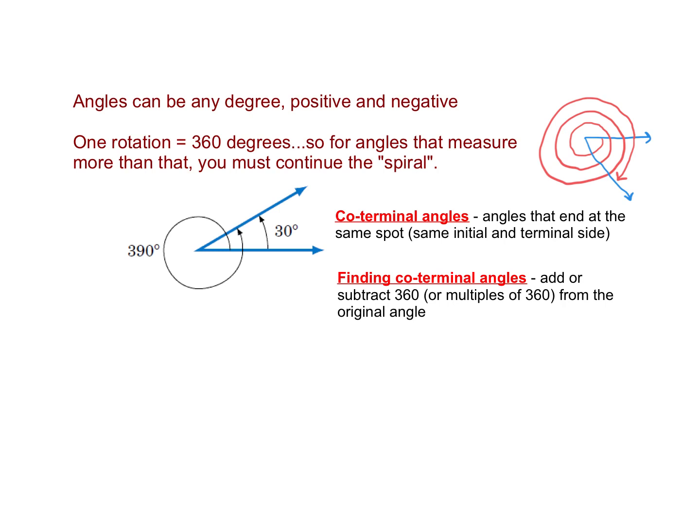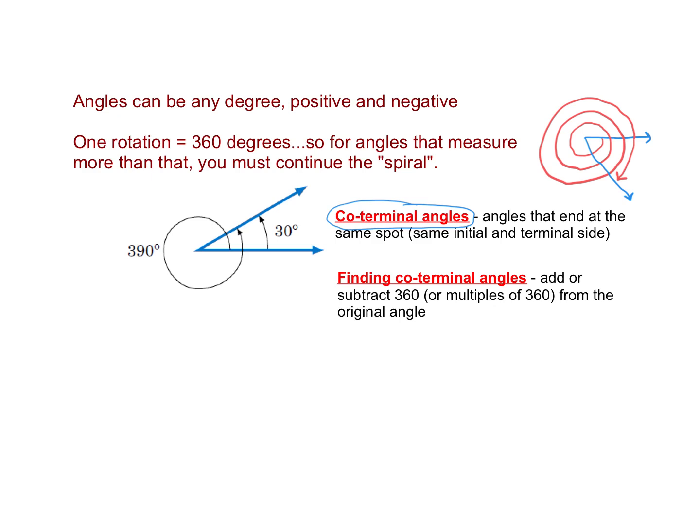Now, if you have a terminal side that is shared between a couple of different angles, we call those angles coterminal angles. So coterminal angles are angles that end in the same spot. They obviously have the same initial side, because the initial side is always the same, but they also share a terminal side. And they've got an example here for 390 degrees.